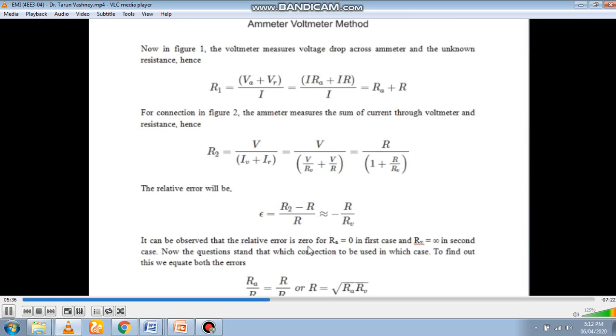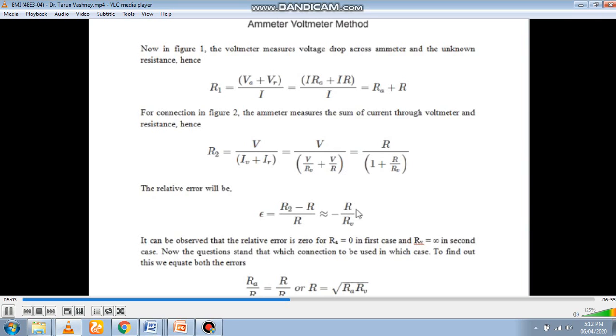It can be observed from this expression that the measured resistance R1 is equal to RA plus R. If we can make RA equal to 0, then we can have the true measurement of the resistance value.